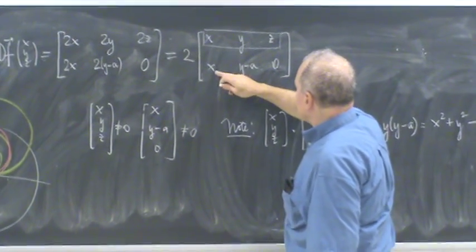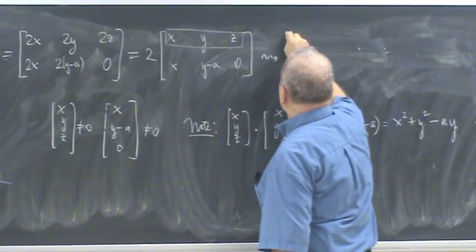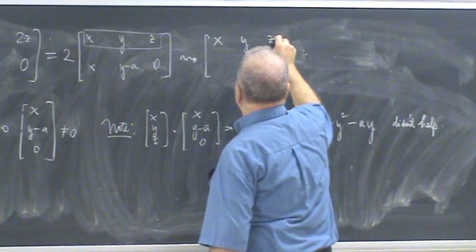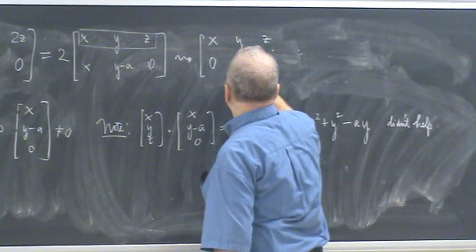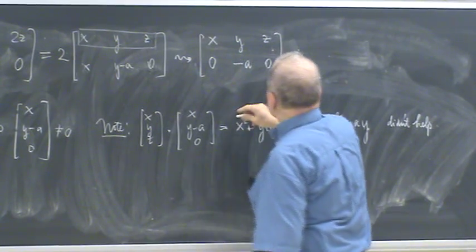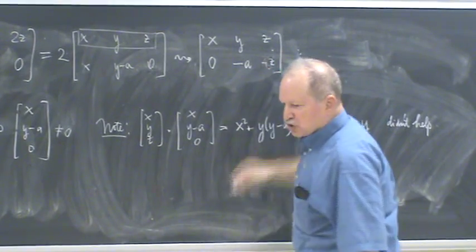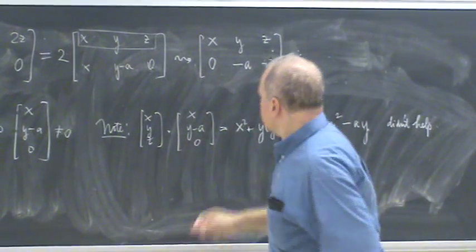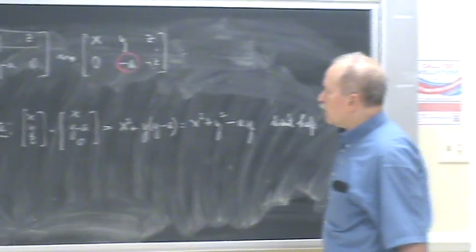But you could still do row operations here very easily. Kill the x. 0 minus a, or minus a. So I for sure have a pivot here, because a isn't 0.